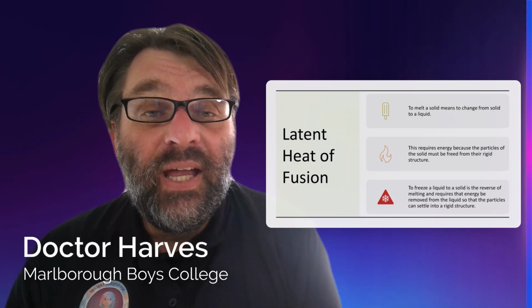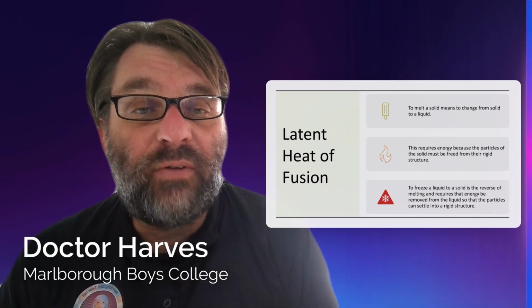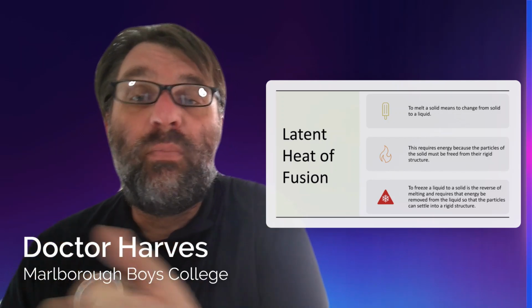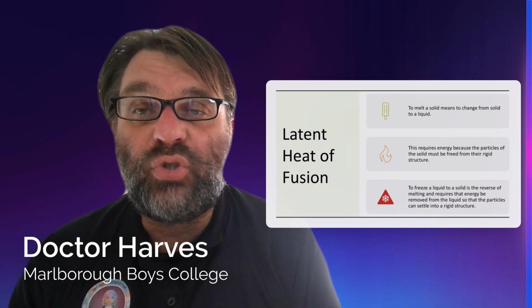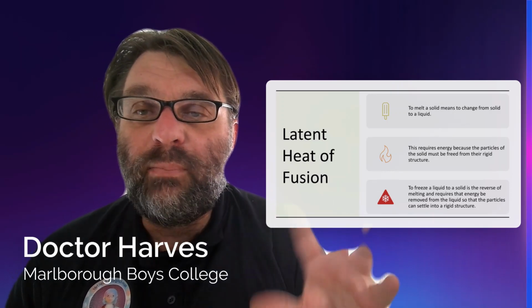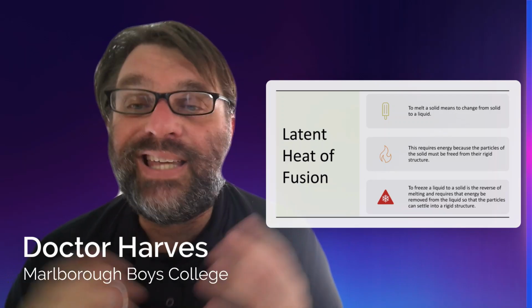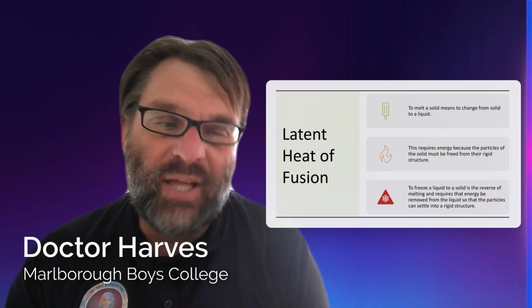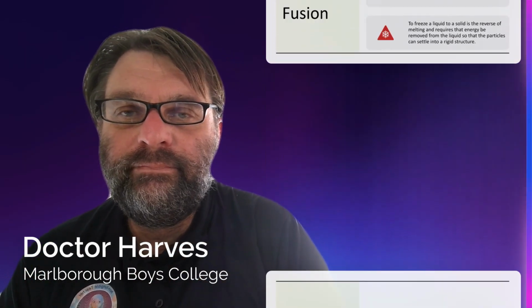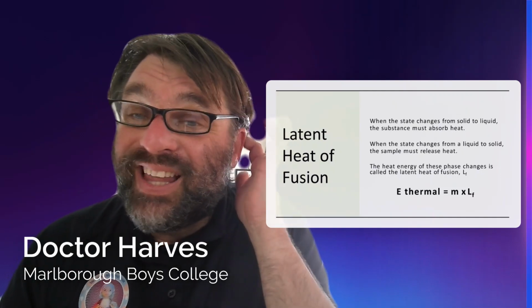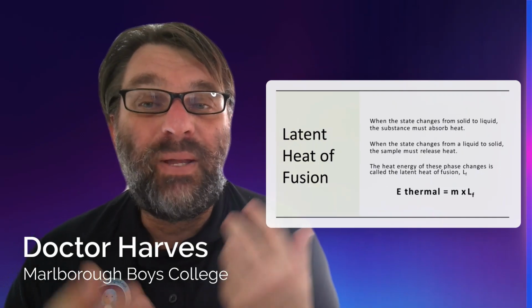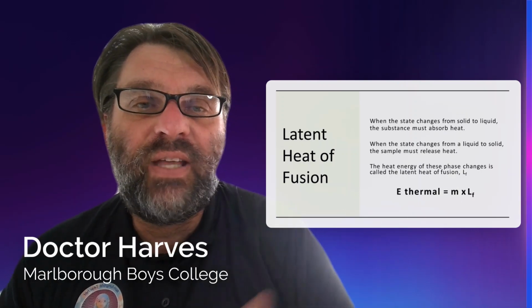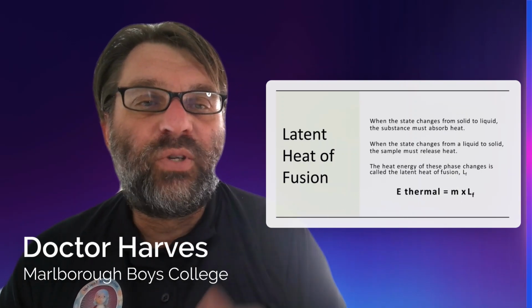And conversely, if you want to have a liquid go into freezing, you have to remove heat energy in order for the particles to lose that kinetic energy and begin to form that rigid structure again. So it goes both ways, back and forth. In terms of the latent heat of fusion, you're absorbing the heat, so it has to be a positive addition of energy when you're going from a solid to a liquid.